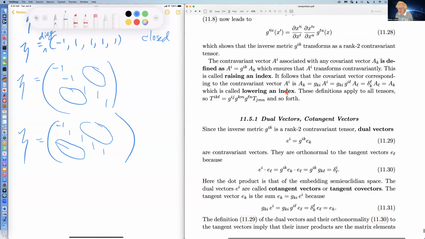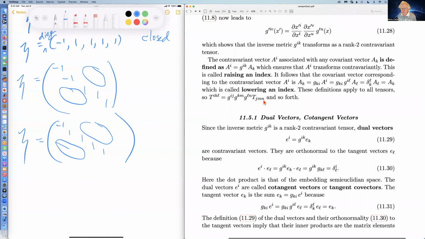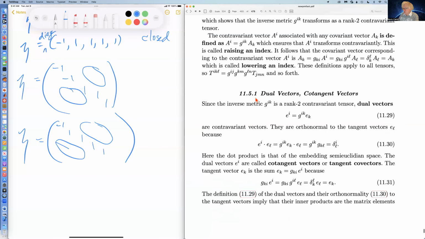These operations are called raising and lowering an index, and they apply to all tensors. For example, if you have a rank 3 covariant tensor, the corresponding rank 3 contravariant tensor is given by the product of T with three inverse metrics.